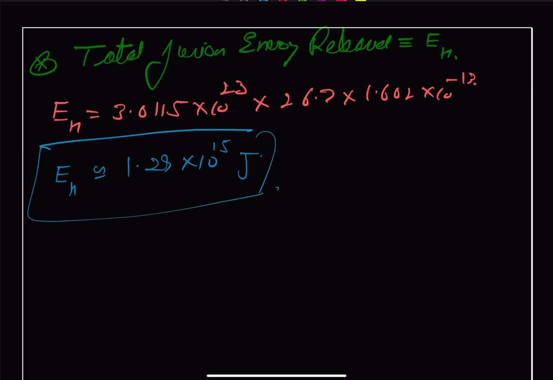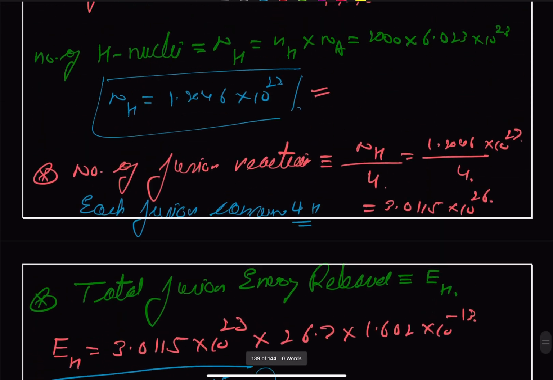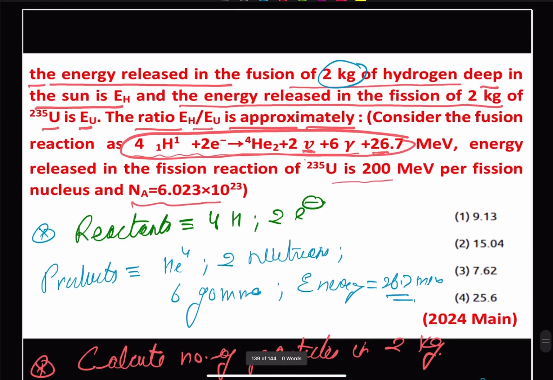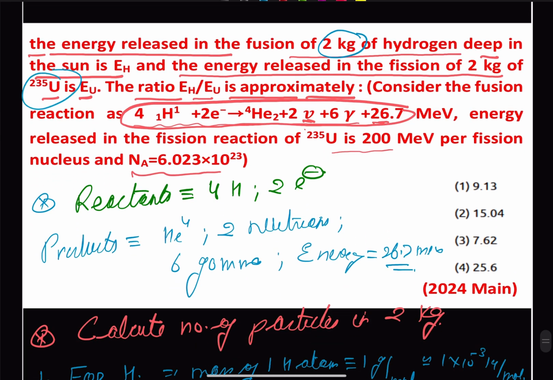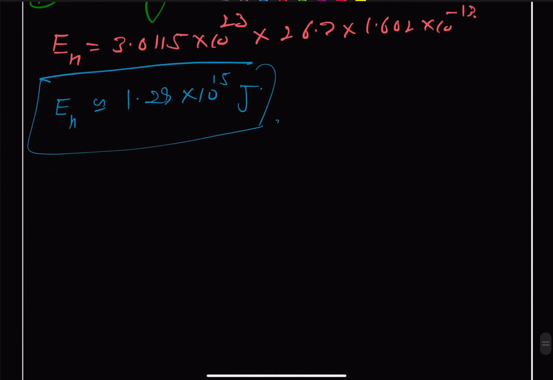Now in a similar way we are going to solve it for the second one, which is the fission of our uranium. Same calculation for uranium now. Number of uranium atoms in 2 kg.